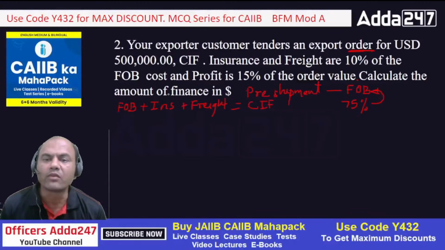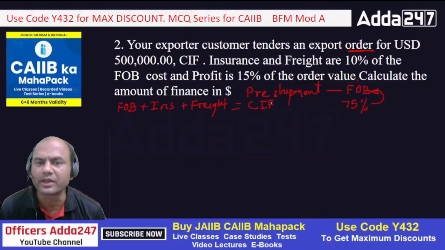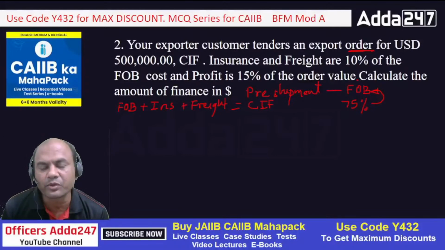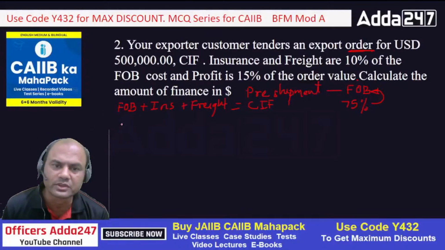Now what am I having? CIF I know, 5 lakh. FOB I require. Insurance and freight are given as 10%. But that also after reducing the profit. So this 5 lakh will also have its profit. So firstly, I'll have to reduce the profit. The profit will be 15%.